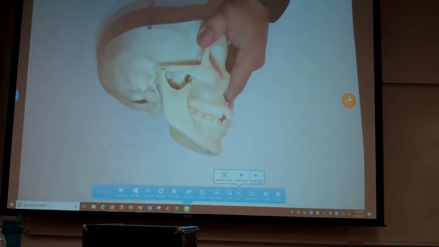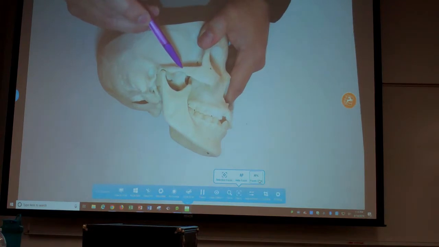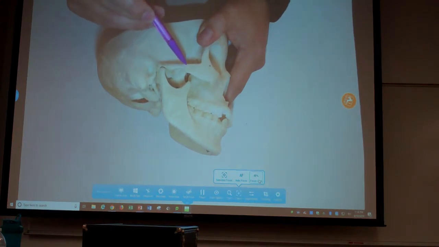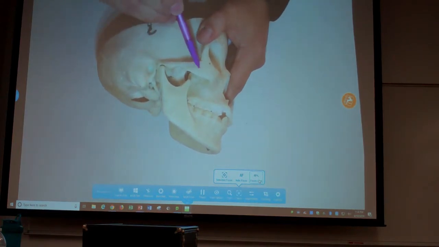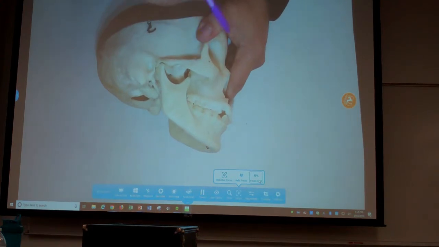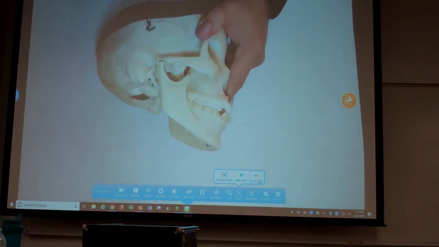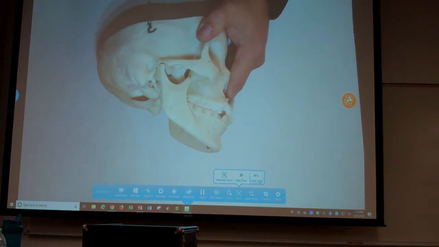So technically, the zygomatic process is this. It's the zygomatic process of the temporal bone, the part that juts out. And then this part technically would be the temporal process of your zygomatic bone. Again, if your head is spinning, it's because my head was spinning trying to figure this all out. So I won't quiz you on those two parts, but just so you have an understanding of what that's talking about.